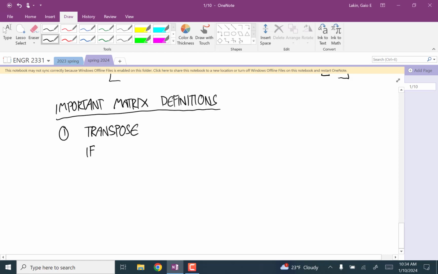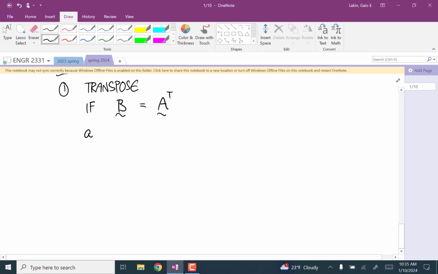So if B, the matrix B, is the transpose of A, and you write it like that with it looks like it's to the power of T, okay? Then every element ij of the matrix A is equal to the element ji of the matrix B. So you just switch which is a row and which is a column.